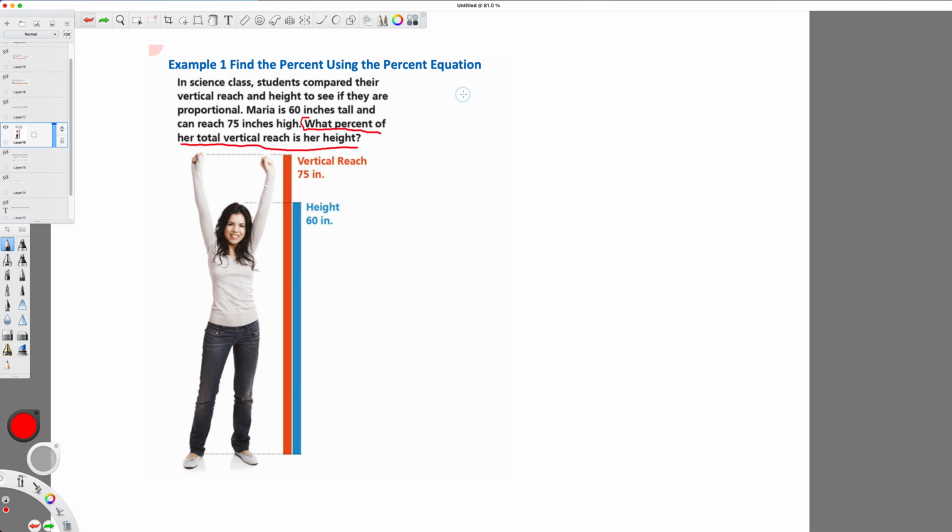The percent equation is percent times whole equals part, or percent times of equals is. I can take the question right here and just translate it, either way should work.